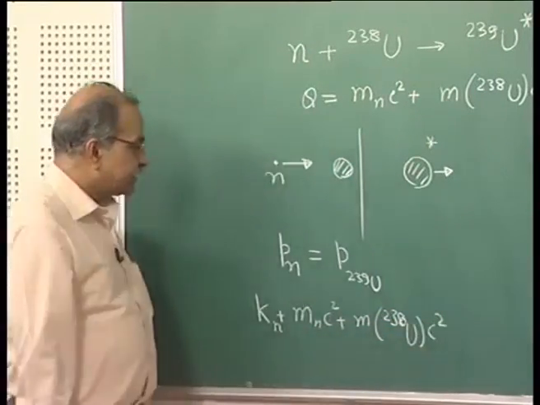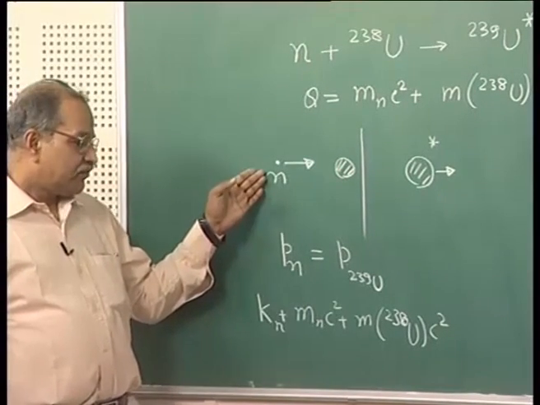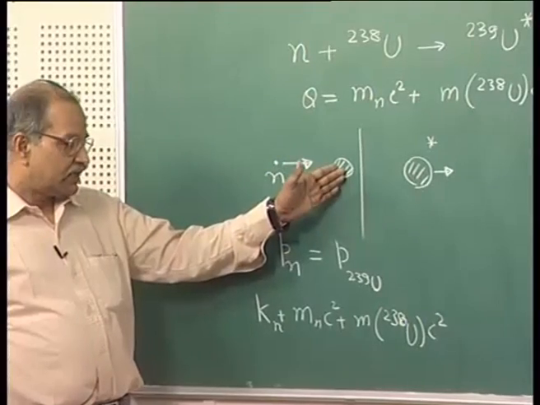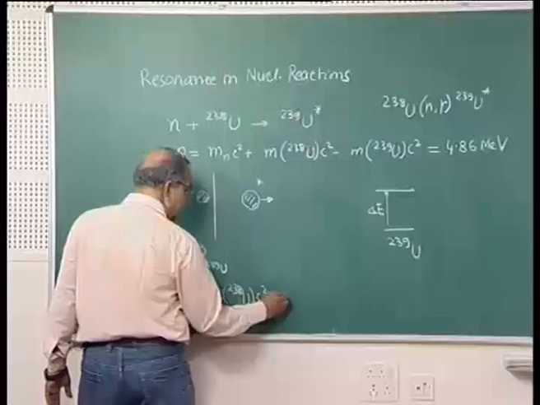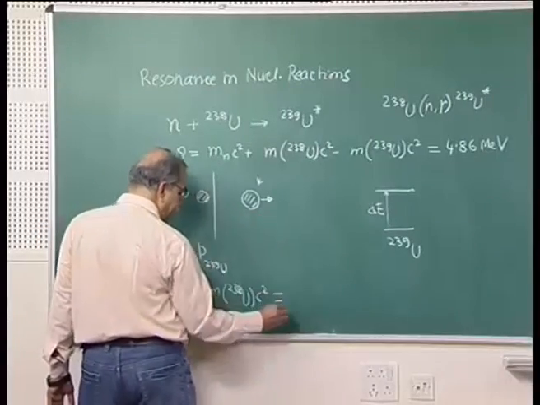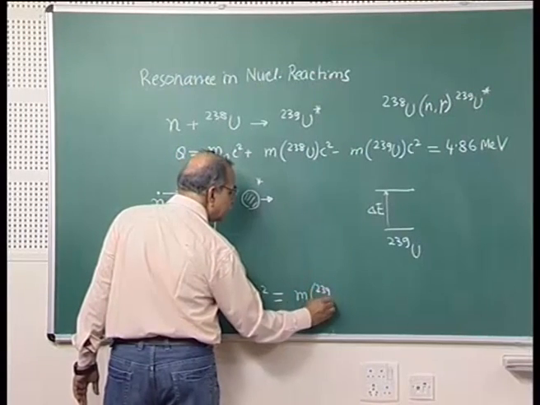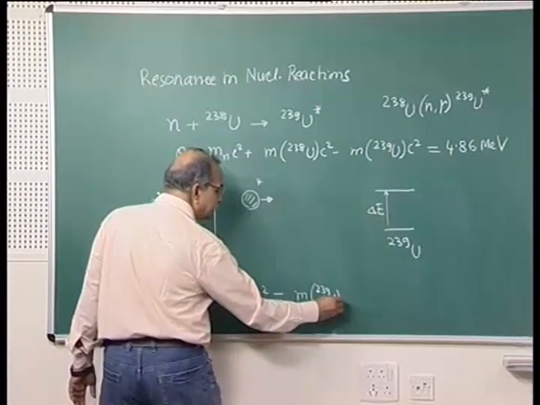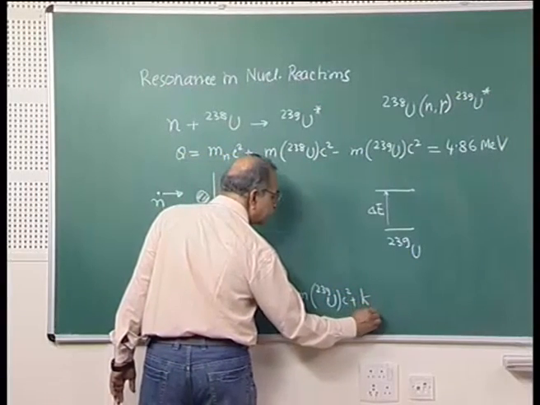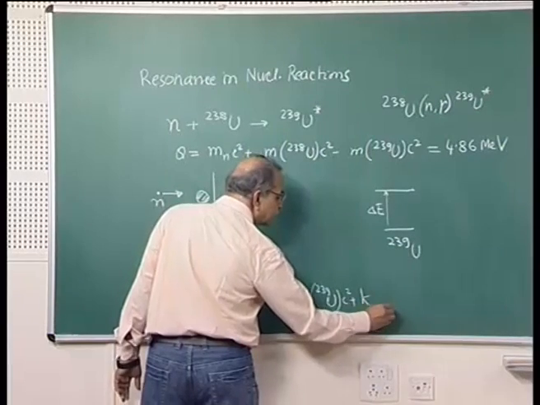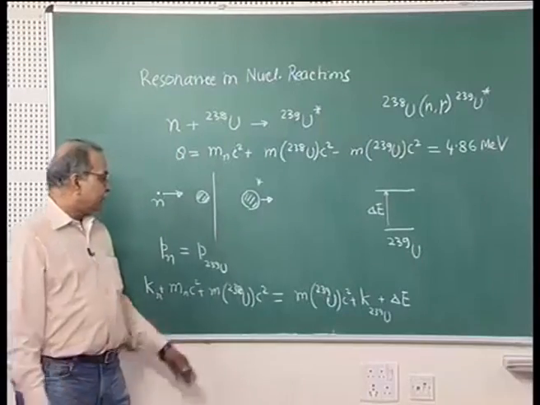So, this is the initial energy, and that should be equal to the final energy, which is the rest mass energy of 239 u, that is 1 c square, and then the kinetic energy of this uranium 239, and then delta E. Okay. That is the final energy.